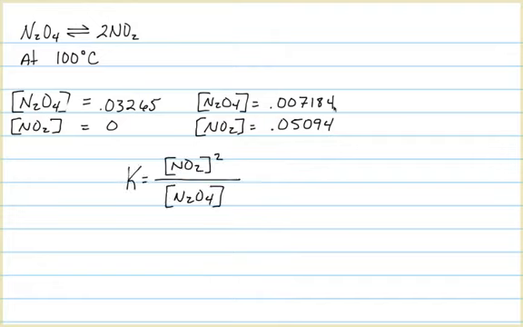We simply plug in and say K is equal to the concentration of nitrogen dioxide squared divided by the concentration of dinitrogen tetroxide.